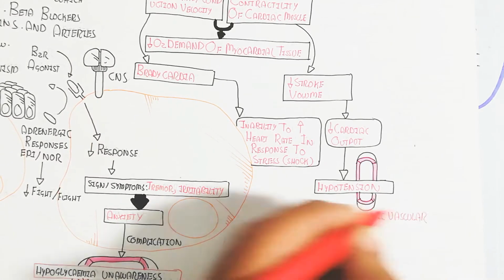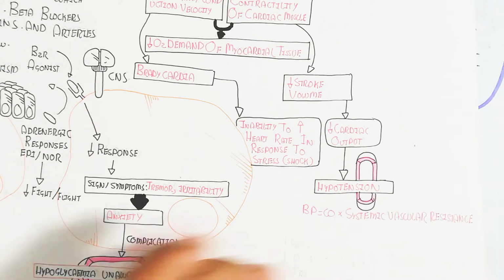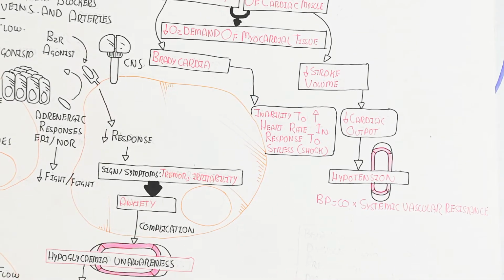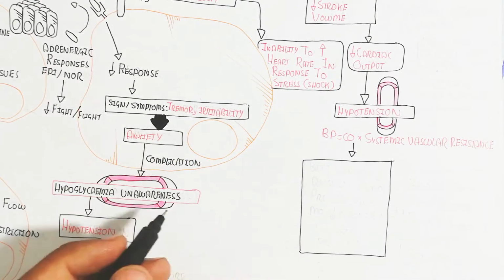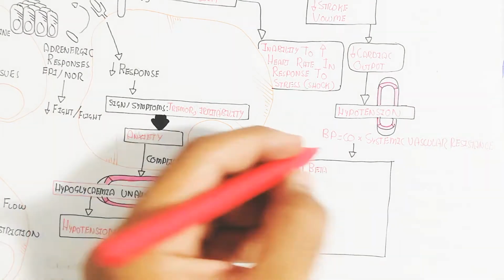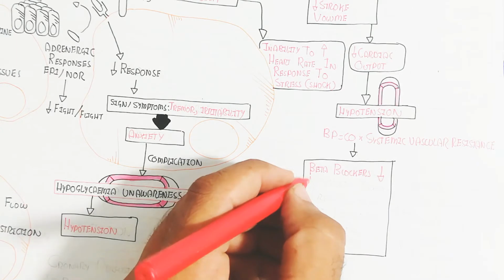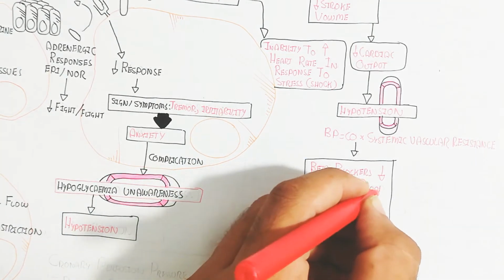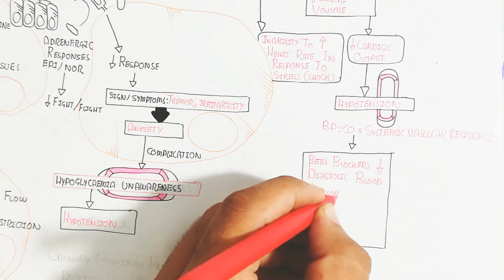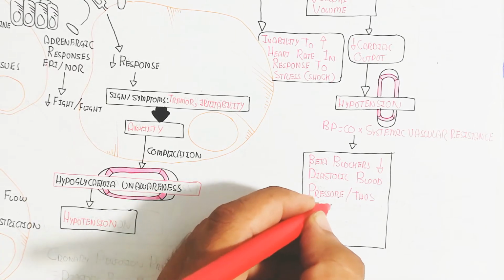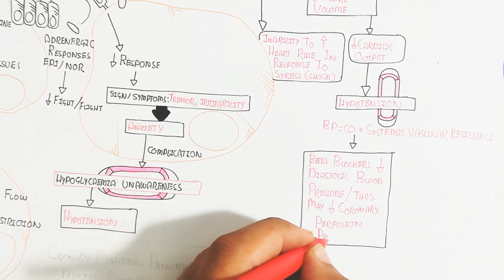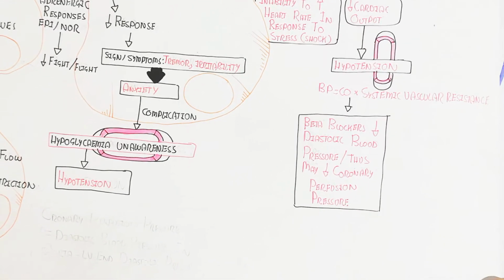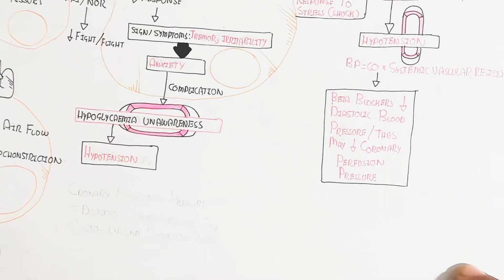So the hypotension, the decrease of the blood pressure: blood pressure is equal to cardiac output times systemic vascular resistance. Here you can see that beta blockers will decrease the diastolic blood pressure, and thus may decrease the coronary perfusion pressure.